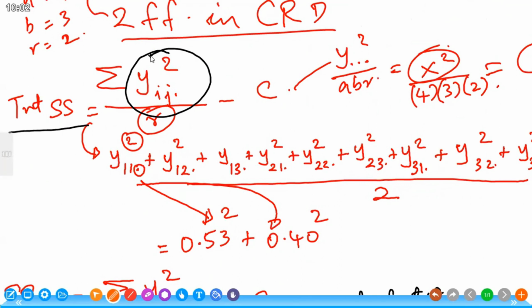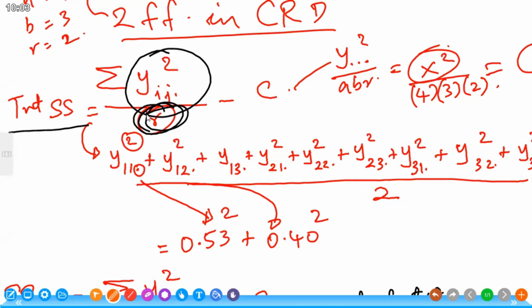What is that 2? It is equal to replicate. So that is how this division factor comes, not magic numbers. It is reasonable, taking the average. Before squaring, the number of observations that you are adding comes as the dividing factor. That is the principle.